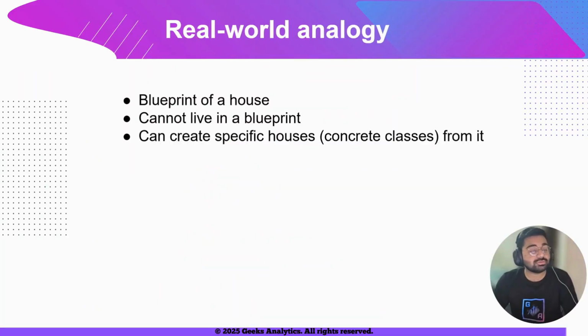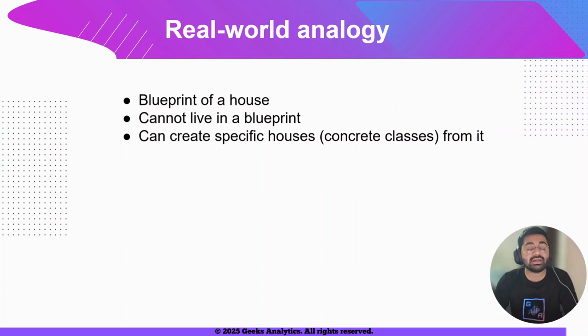To summarize, a real-world analogy would be that the abstract class acts as the blueprint of a house. You cannot live in a blueprint, so you create a number of subclasses of it, multiple houses. Like a building with a blueprint, all the flats follow the same blueprint.